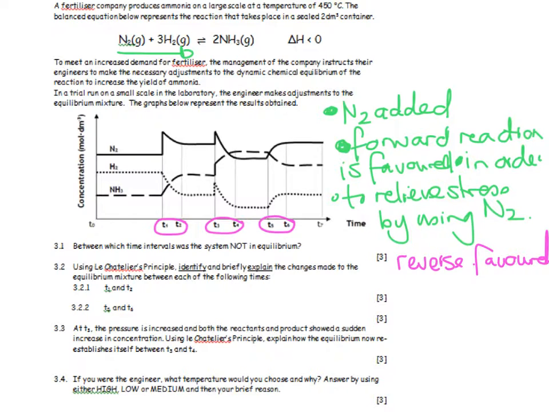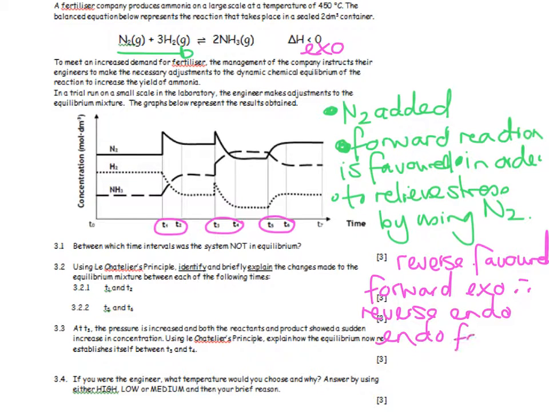So now I'm going to consider that this is an exothermic reaction because delta H is negative. So if reverse is favored, you must say that forward is exo. Therefore, reverse endo. Endo favored by temp increase.